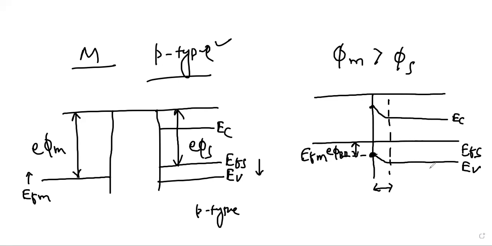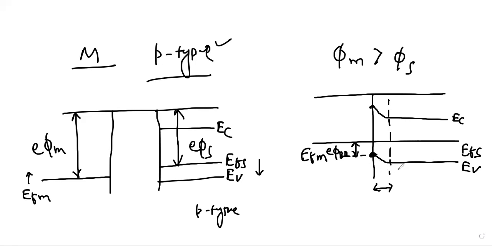And the built-in potential barrier you can also see from the semiconductor side. So from the semiconductor side, what is the potential barrier here? Actually, you can see almost nothing here. It will not face any barrier while moving.